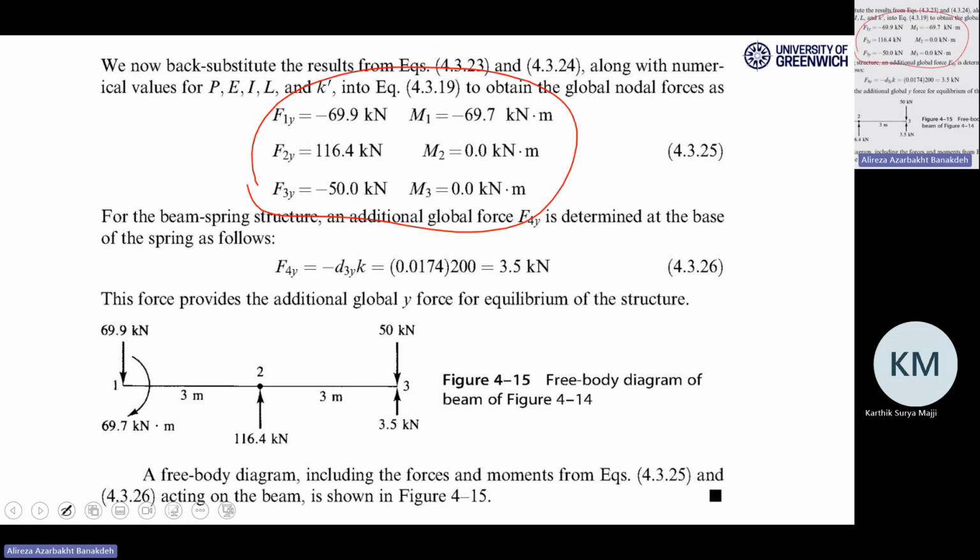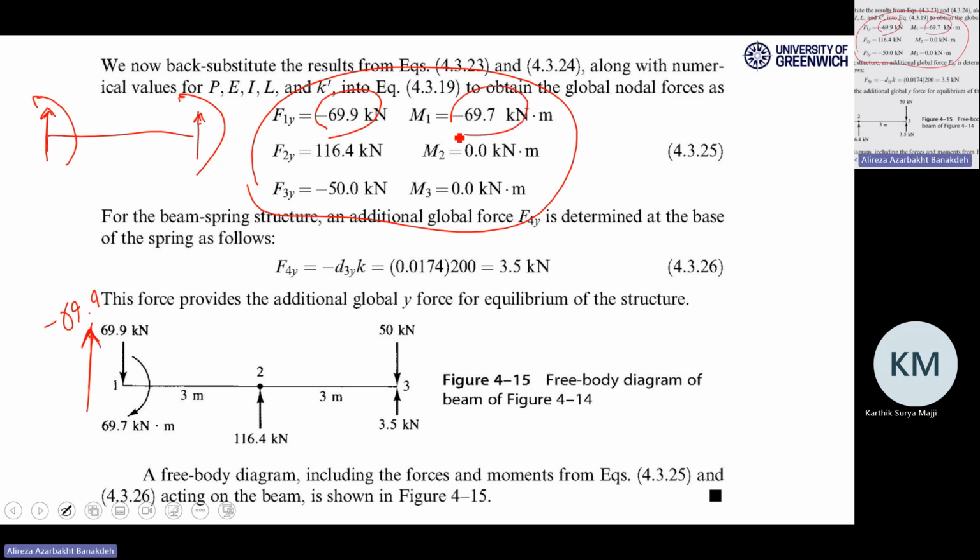For example, when you calculate the support reactions, this is 69.9. You can put it like this because you know the beam element was like this. The convention was like this. So if this is like this and I come up with minus 69.9, I can put it down to up minus 69.9, or vice versa with positive 69.9.